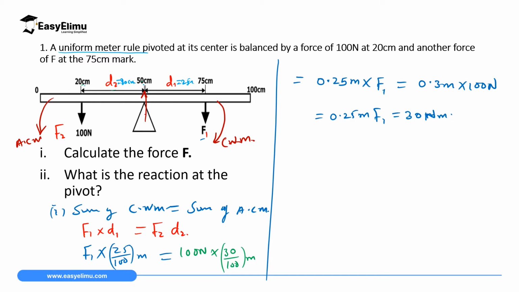Then for us to get F1, we divide by 0.25 meter on both sides.